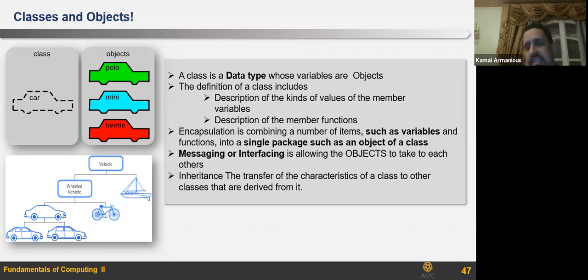This is one definition. The other definition is a class is a data type. This is what Sandra was saying. It's a data type, and this data type has an object, which in principle is a variable. This data type has two things.